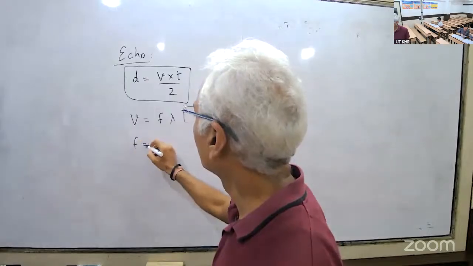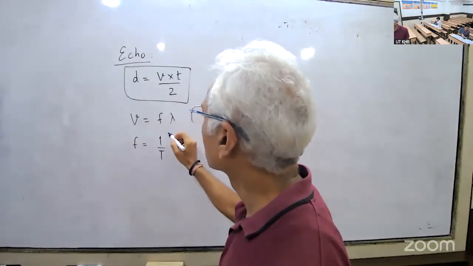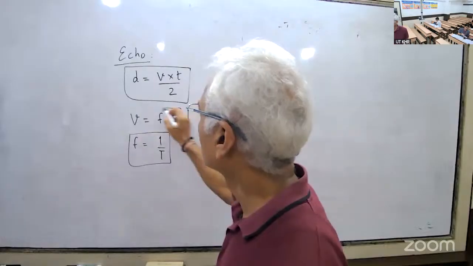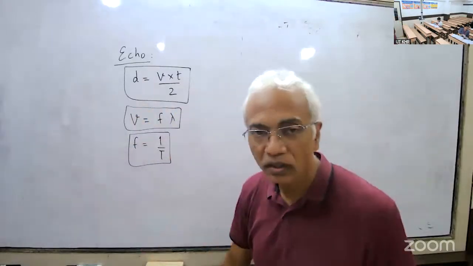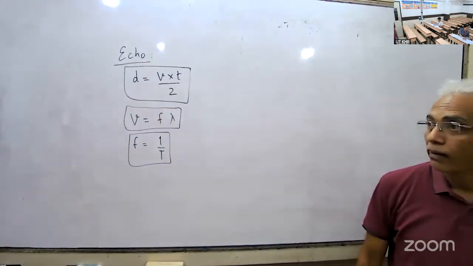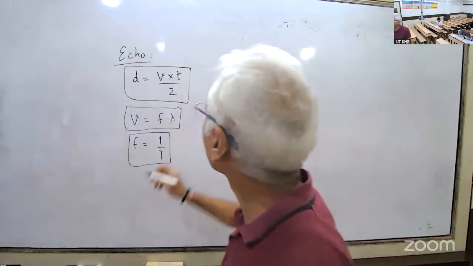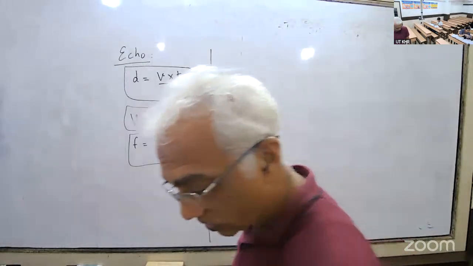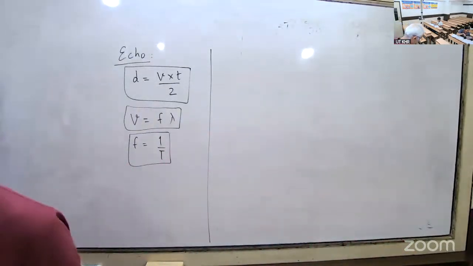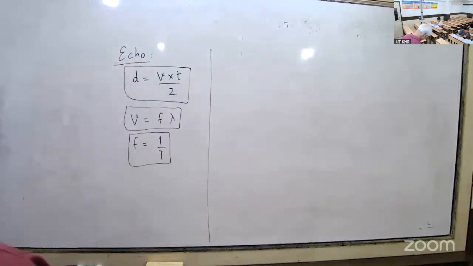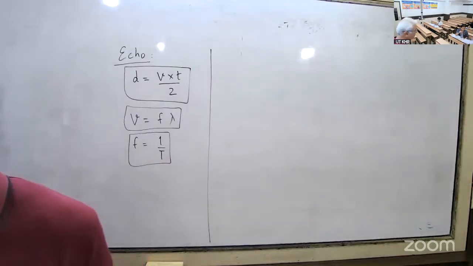Also F is equal to 1 by T. These are some of the formulas that you will use in solving the numericals in the sound chapter. So let us do the numericals. Let's start with the first numerical. Do you remember having done the first numerical? Wonderful. So finally we got the answer.